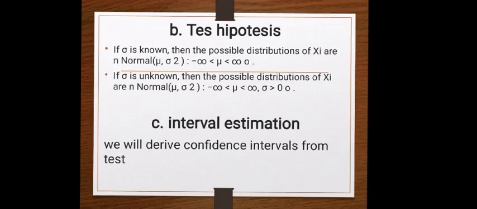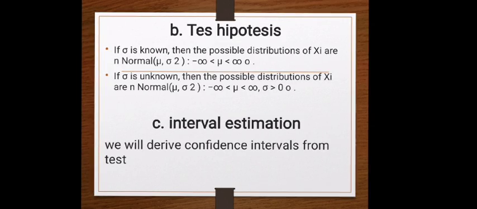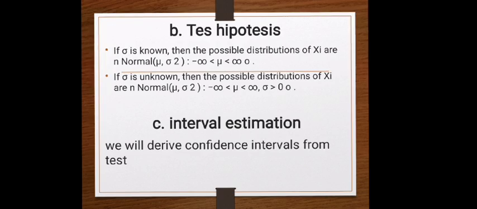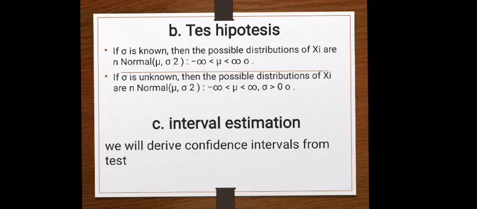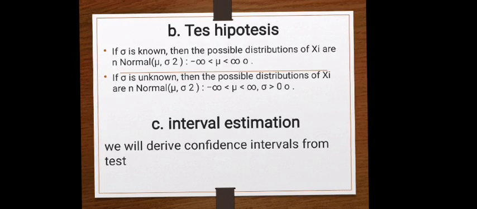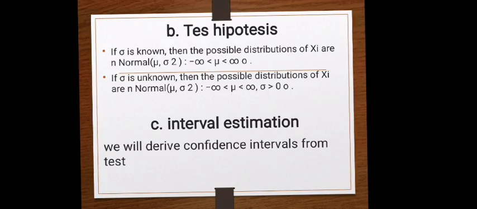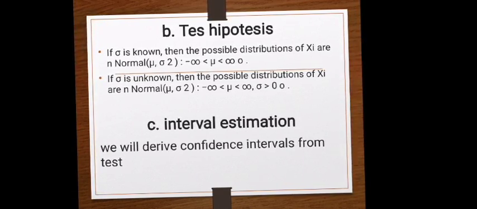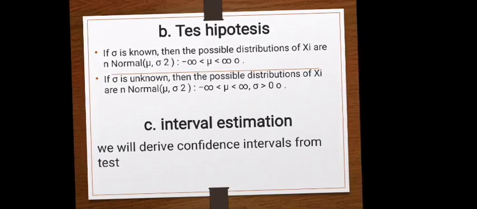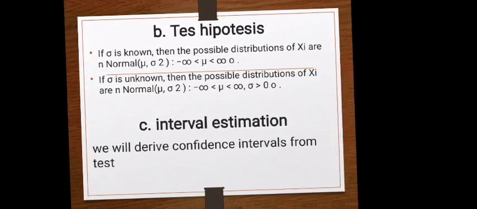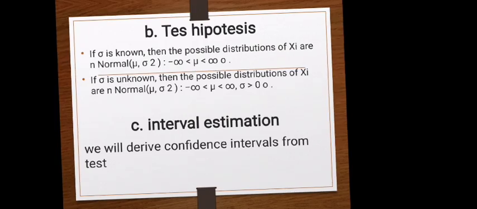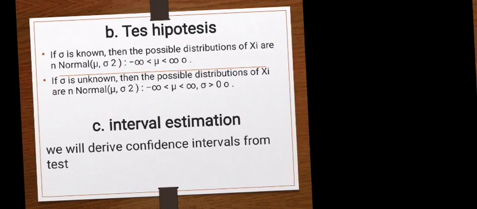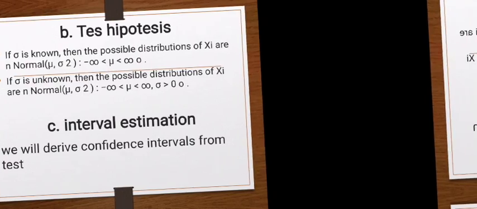If sigma is unknown, then the possible distributions of Xi are Normal(mu, sigma squared), negative infinity is less than mu is less than infinity, sigma is greater than 0. C. Interval estimation. We will derive confidence intervals from tests.